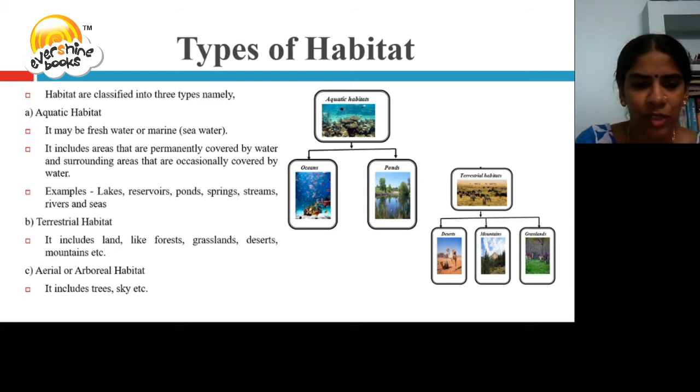Likewise, birds always fly in the sky. So these organisms have an aerial or arboreal habitat. So there are three types of habitat: aquatic, terrestrial, and aerial or arboreal.